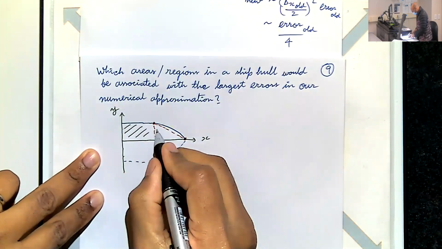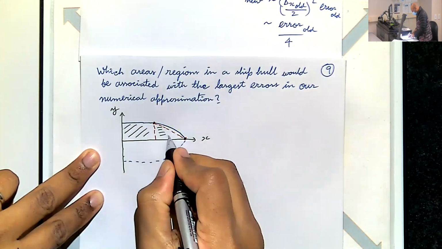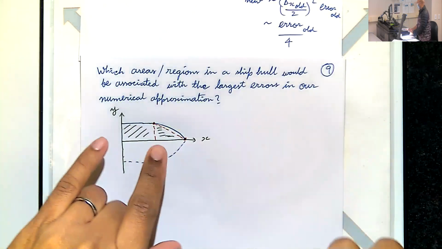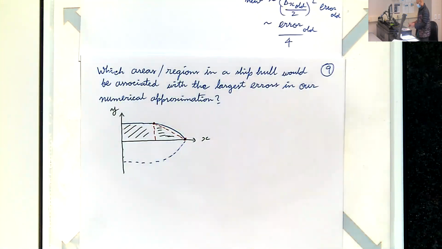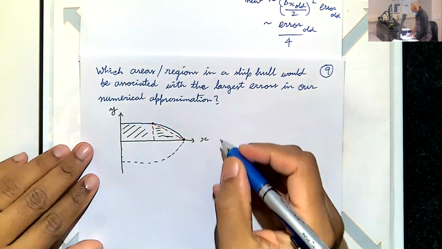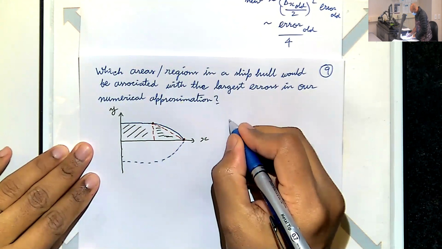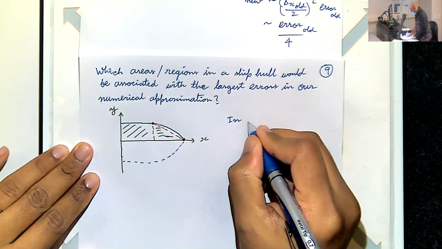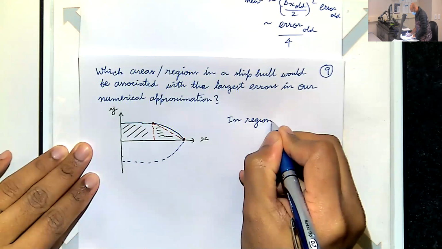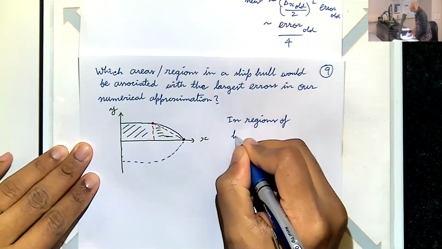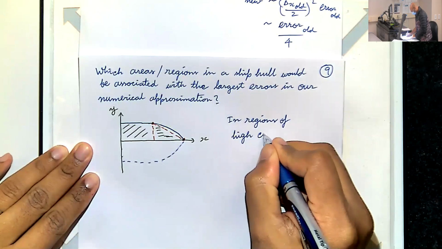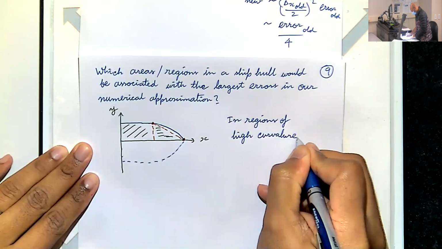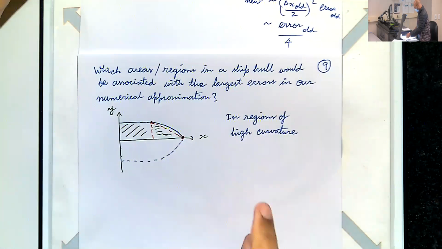Not terrible, but we do miss something. So it's always the curved regions where the integration schemes have the most trouble. So the answer is in regions of high curvature.